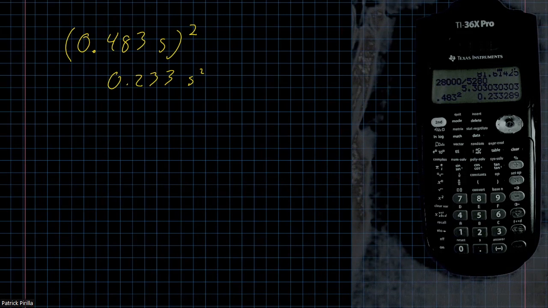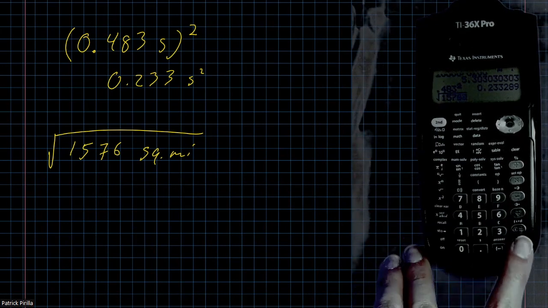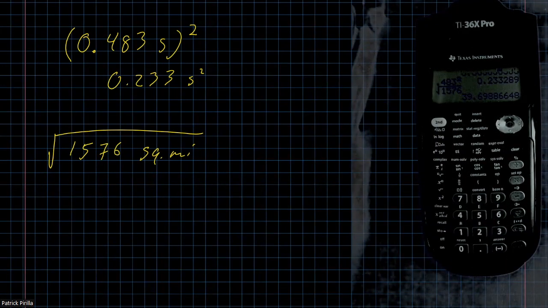Likewise with square roots. If I want to take the square root of 1576 square miles, my calculator is happy to take the square root of 1,576. It comes out at this horrible decimal number, but I know that I can round it to have 4 significant digits.